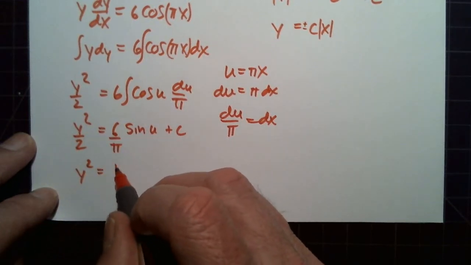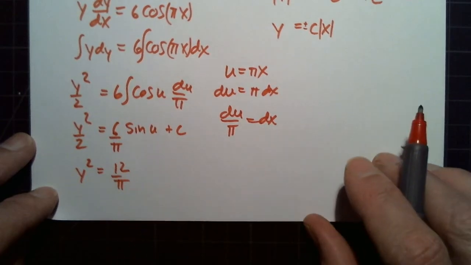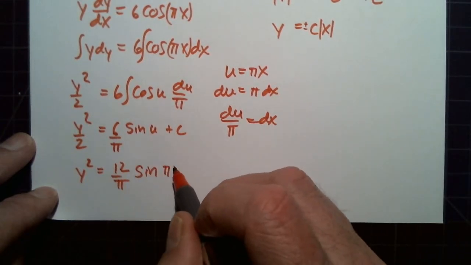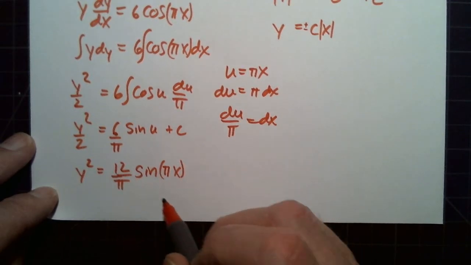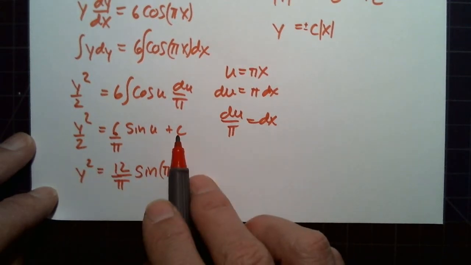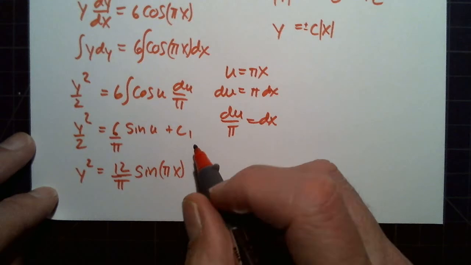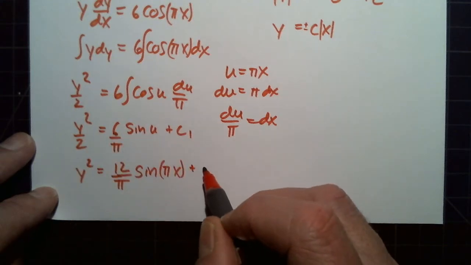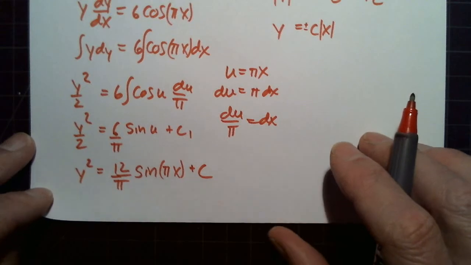So that's 12 over pi sine pi x. And instead of writing 2c, we can just call this c1, so that when we multiply by 2, 2c1 is the same as, or just called c.